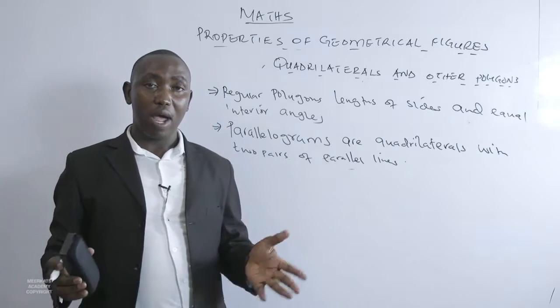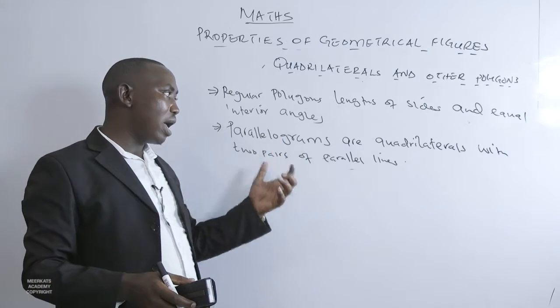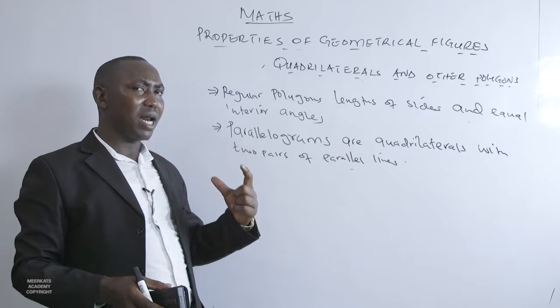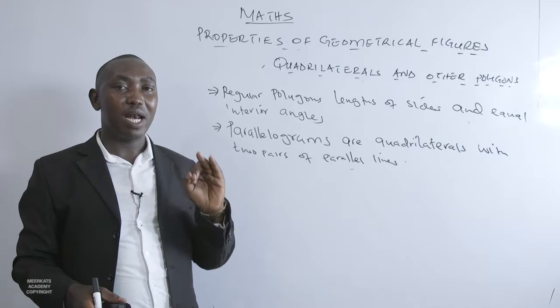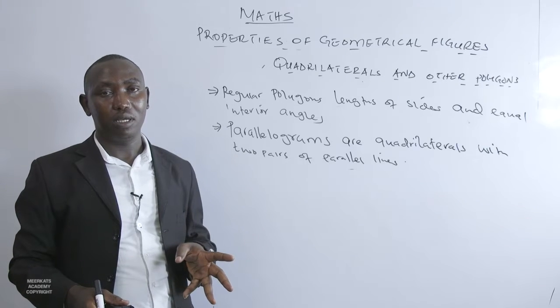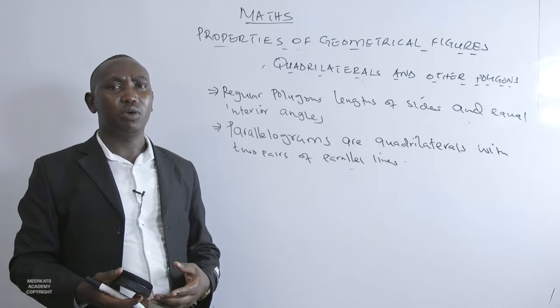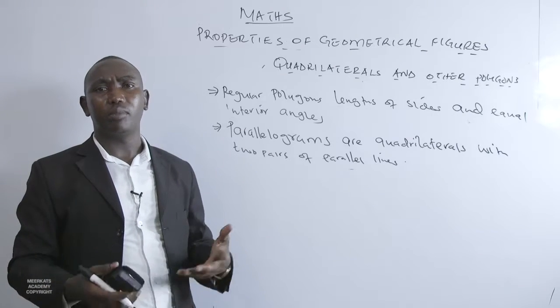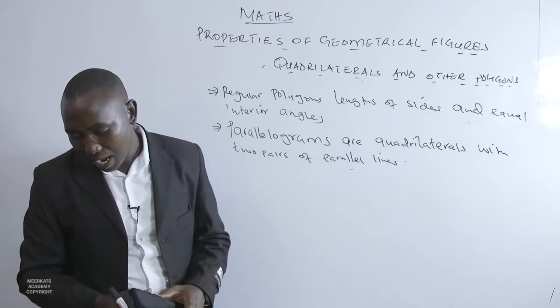Here the clarification is very clear that for us to have a parallelogram, we must have two pairs of parallel lines. That will take out the trapezia, which we know have only a single pair of parallel lines.